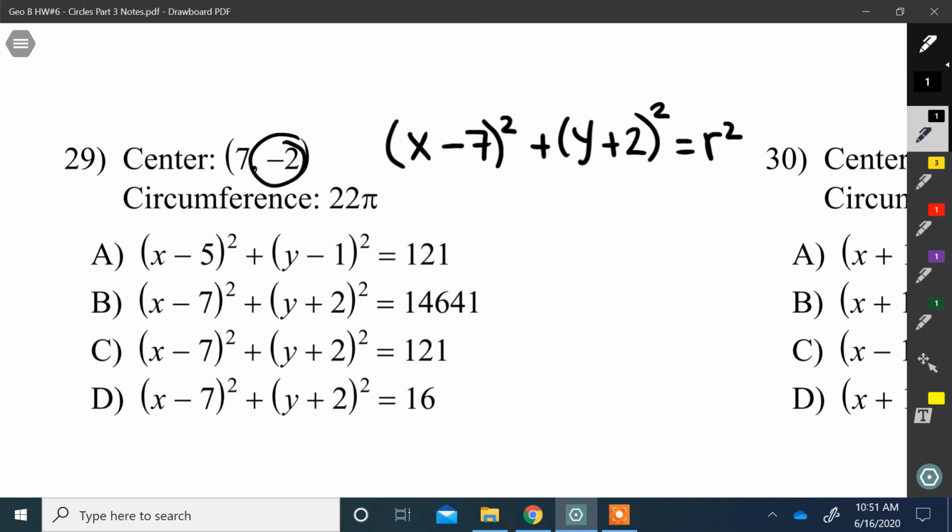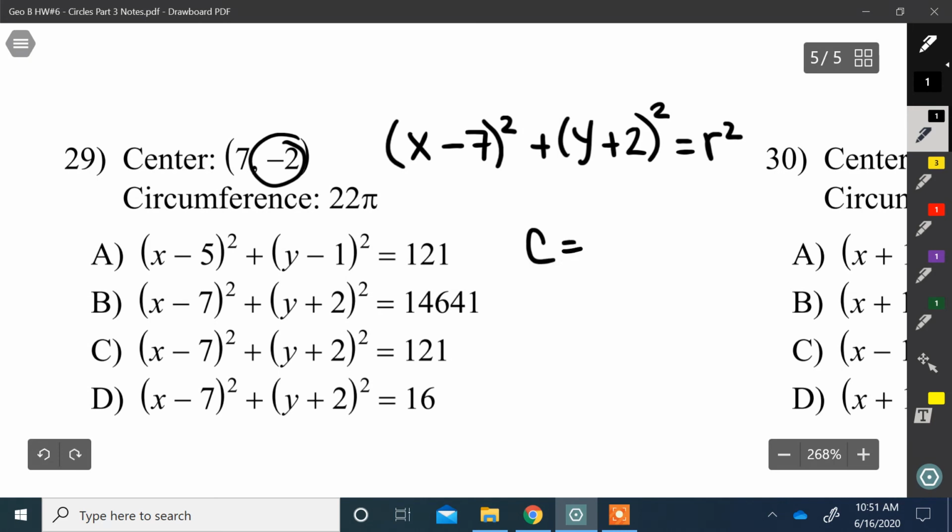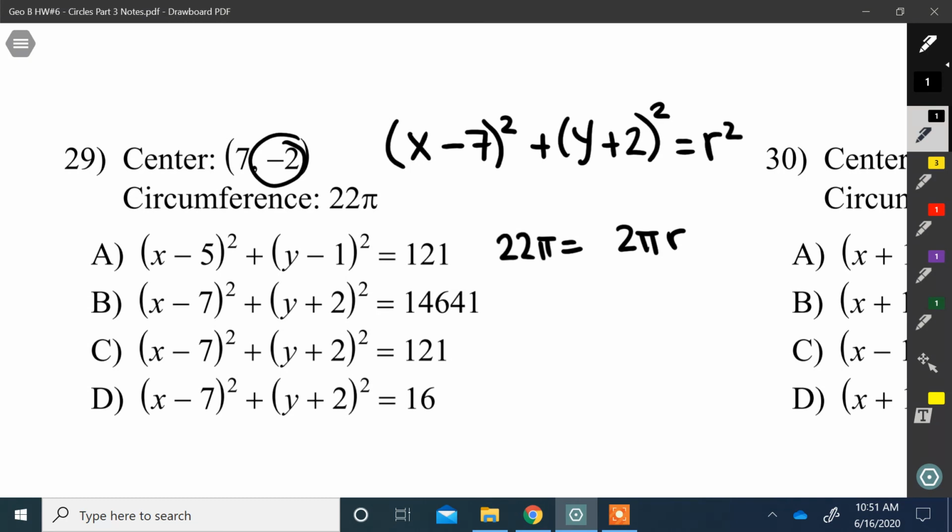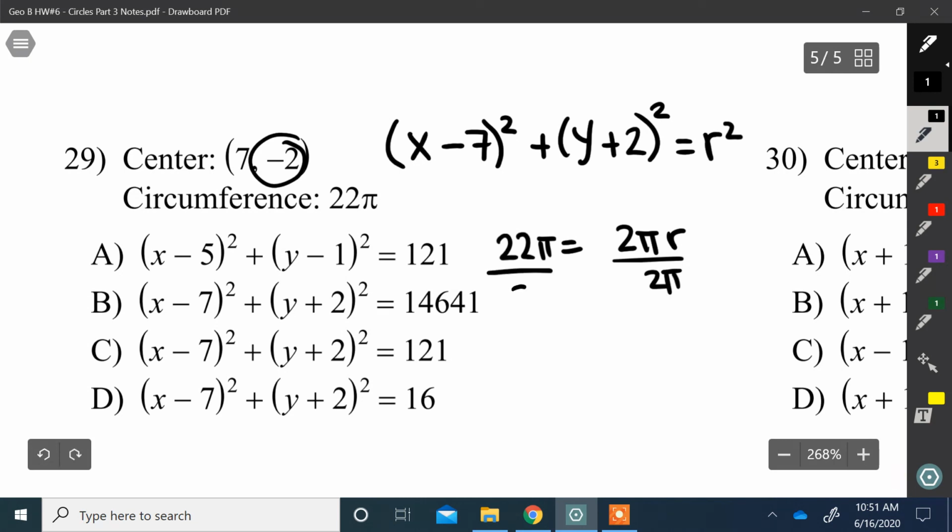Okay, we don't know that one. But we know that the circumference of a circle is 2 pi r. So the circumference in this case is 22 pi. Okay, so what I can do is I could divide by 2 and by pi on both sides. That means that r, okay, this will cancel and this will cancel.